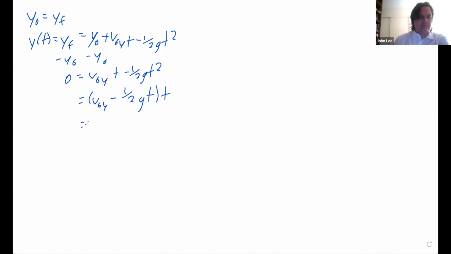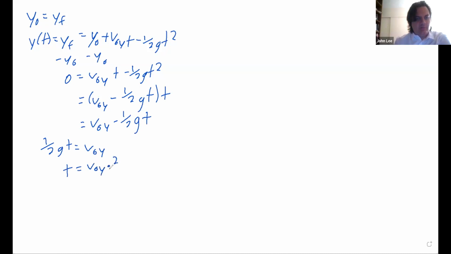So we get 0 equals v naught y minus 1/2 g t. So 1/2 g t equals v naught y, and t equals v naught y times 2 over g, which is 2 v naught sine phi over g. Yeah, I got that right.